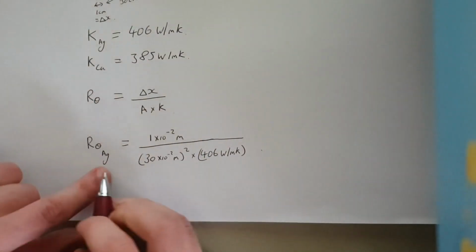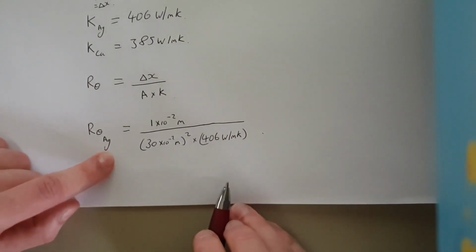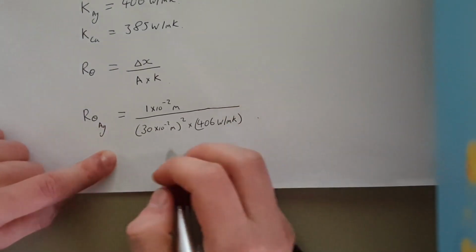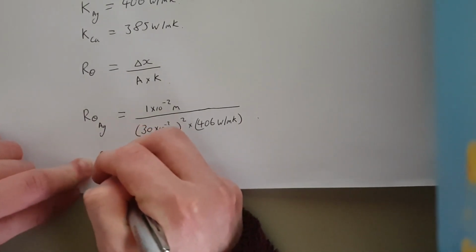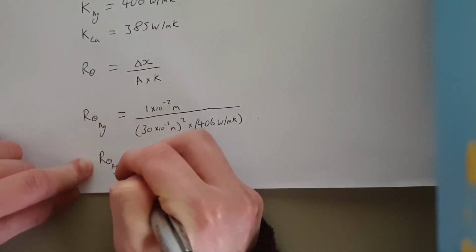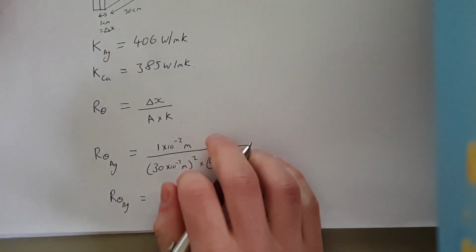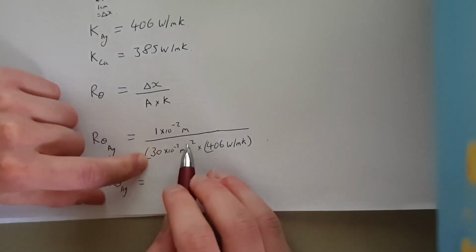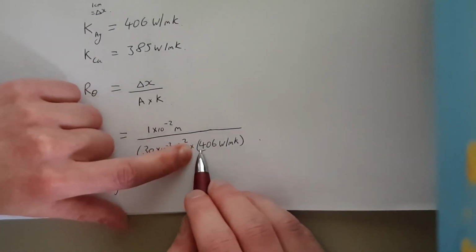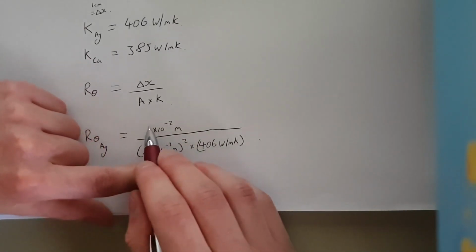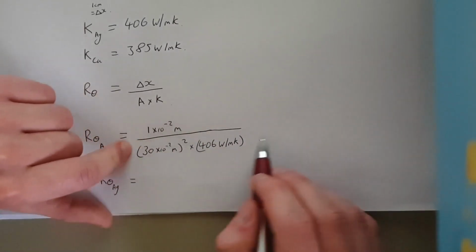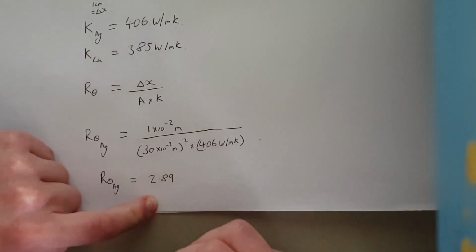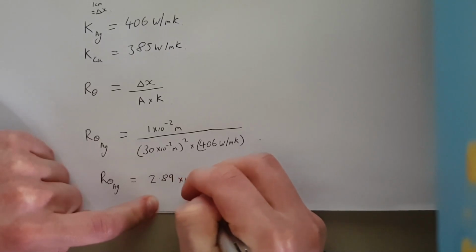That's right. So this is our thermal resistance, which if we do some nice cancelling of, no, we'll do units in a little bit, but R theta Ag is equal to, I did calculate this to be like 2.9, so if you just times 3 times 10 to the minus 2 times 3 times 10 to the minus 2 times 406, and then do 1 times 10 to the minus 2 divided by that, you get 2.89 times 10 to the minus 4.